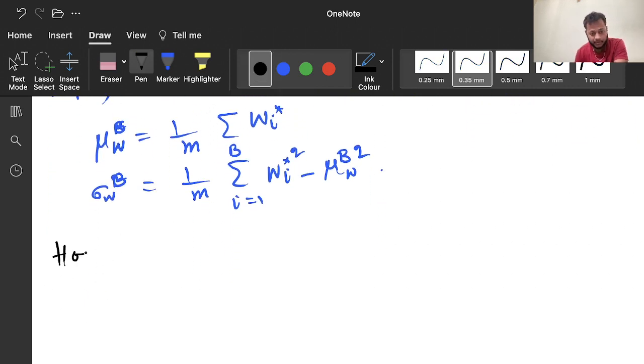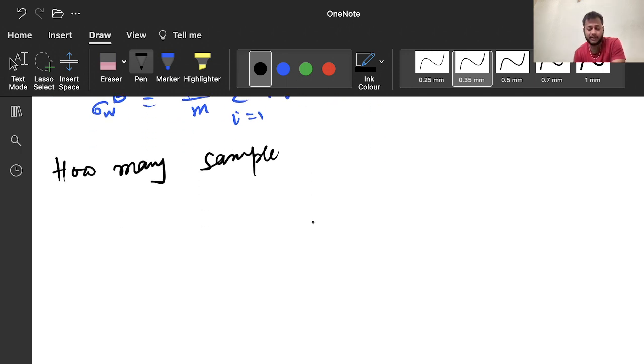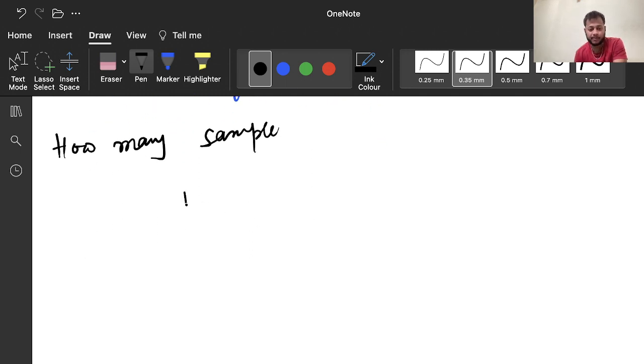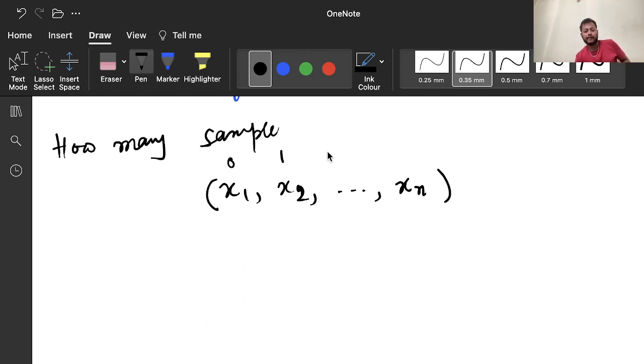So let's write how many samples you can collect. This is very interesting indeed. Suppose there are n numbers, x1, x2, ..., xn, and you put 0, 1, 2, up to n minus 1, and you choose k numbers from here.